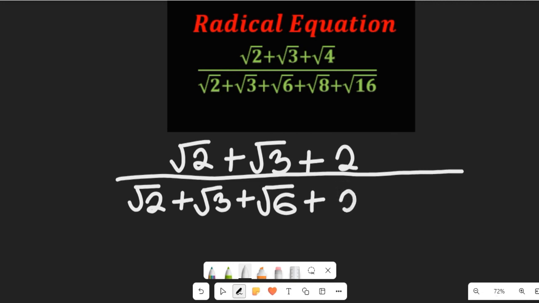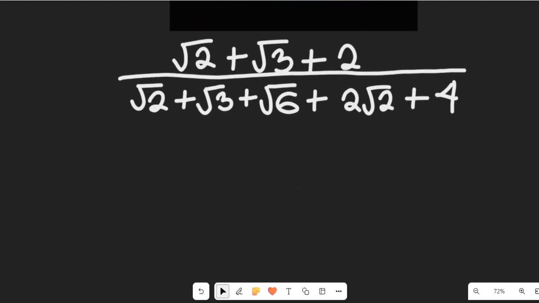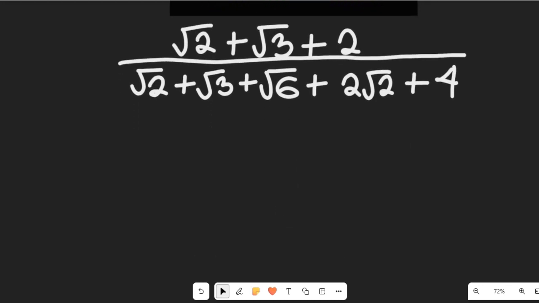So that will give us 2 root 2, because the square root of 4 is 2, and this will give us plus the square root of 16, which is 4. So simplifying all the perfect squares, we can now simplify further.